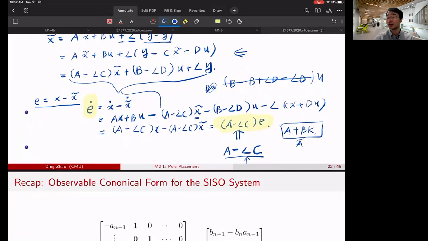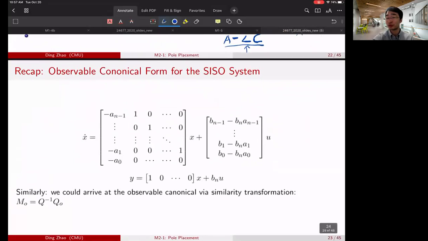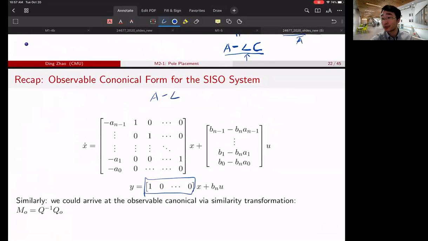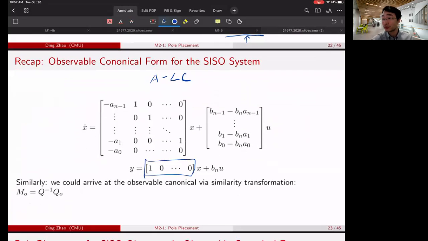And similarly, we can also convert things to the observable canonical form. So recap, this is our observable canonical form. That C is in a very nice form. For A minus LC, L is just a column, so LC is just a matrix. A only has values in its first column, a real meaningful value, and C is just a row with only the first entry being 1.